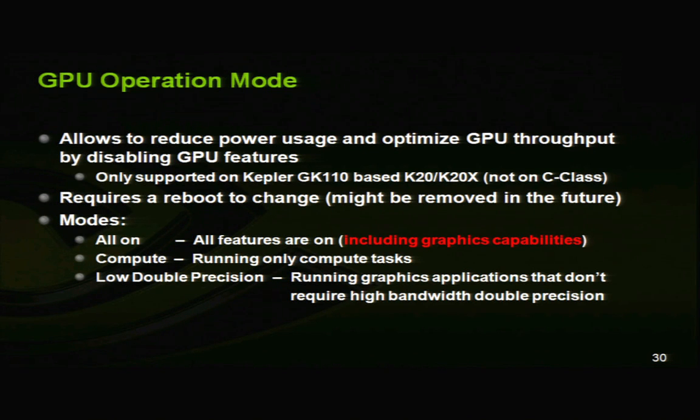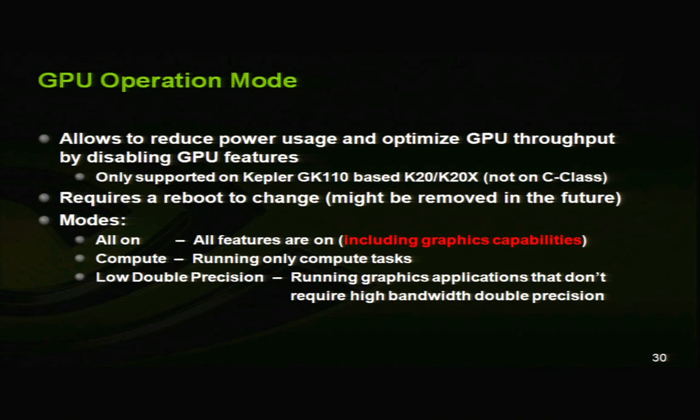GPU operation mode is also new to the Kepler architecture, and you can set the operation mode for GK110 based K20 or K20X GPUs. It's interesting. Here you have three modes: all on, compute, and low double precision.